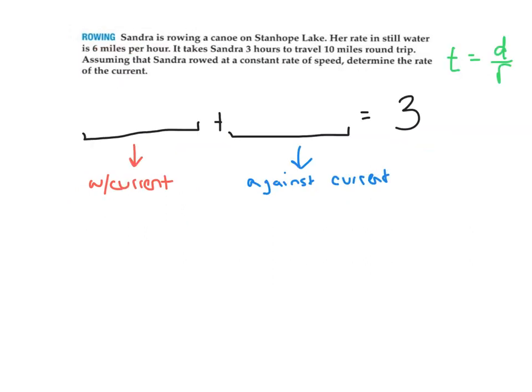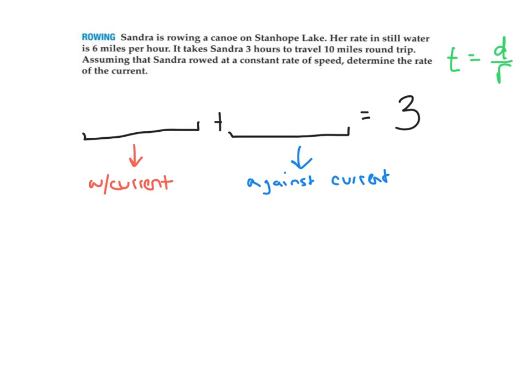Now that we should have an understanding of what we're trying to solve and the problem as a whole, we're going to come up with expressions for both Sandra's time with the current and against the current.